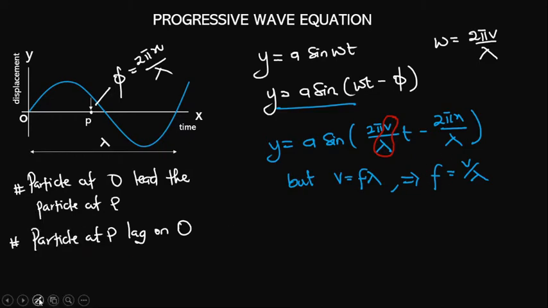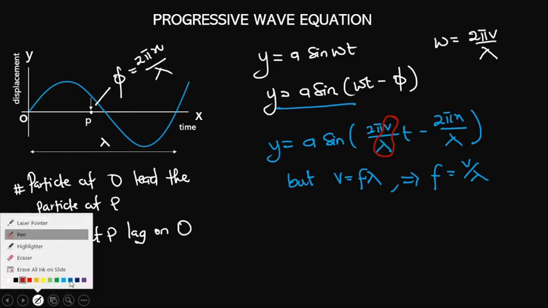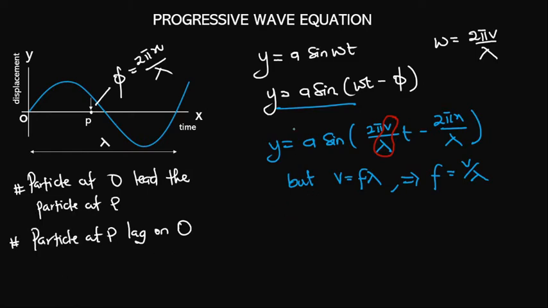If we do that, the whole equation becomes y is equal to A sine, in brackets, 2 pi f t minus 2 pi x over lambda.